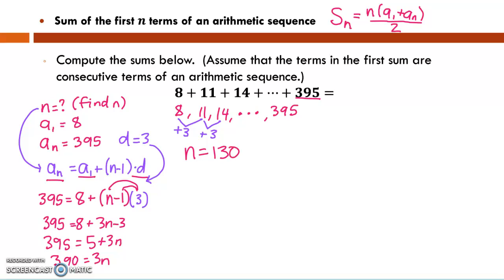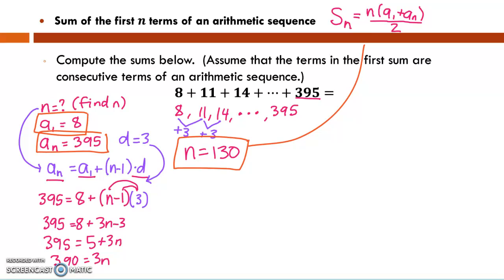So now look at what I have. I have n equals 130. I have a sub 1 equals 8. And a sub n equals 395. I have everything I need for this equation up here.